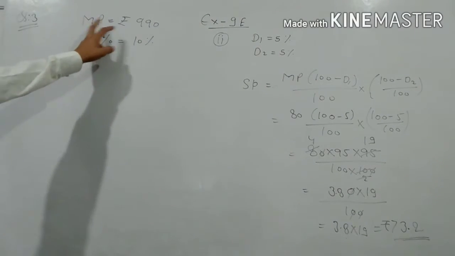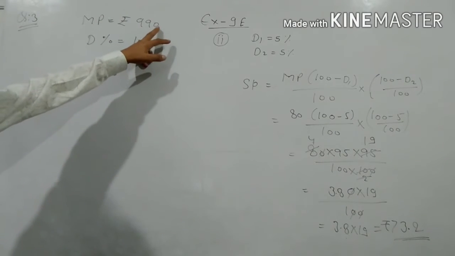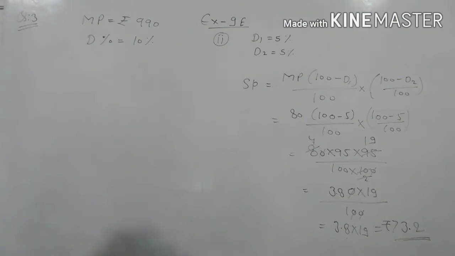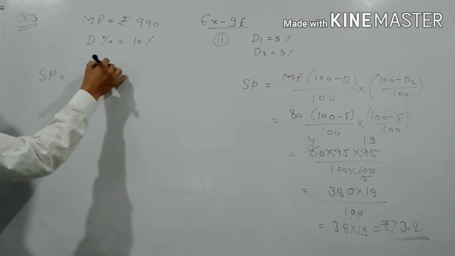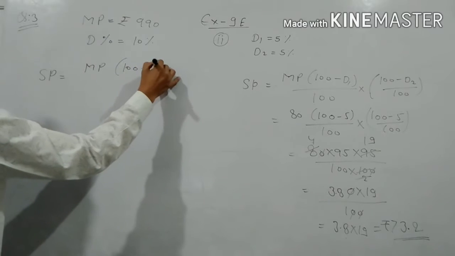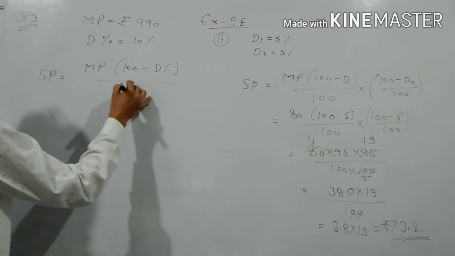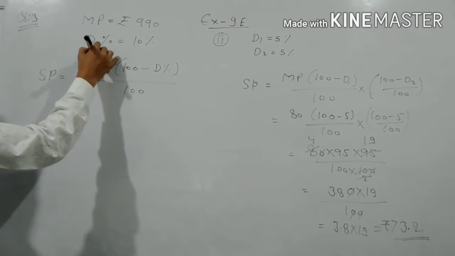Question number 3. Market price is 990 rupees and discount percent 10. Find SP. Same formulas apply here. MP into (100 minus discount percent) upon 100.